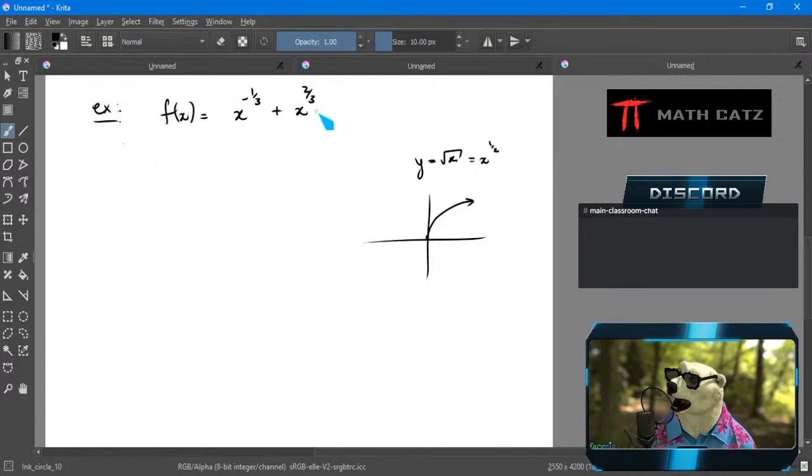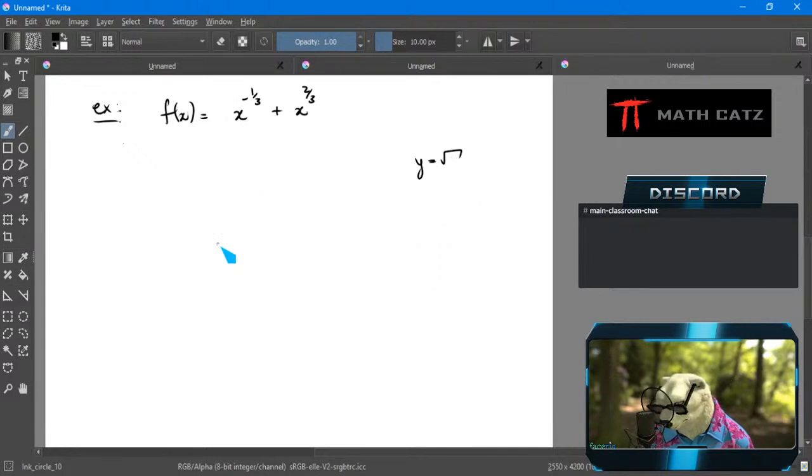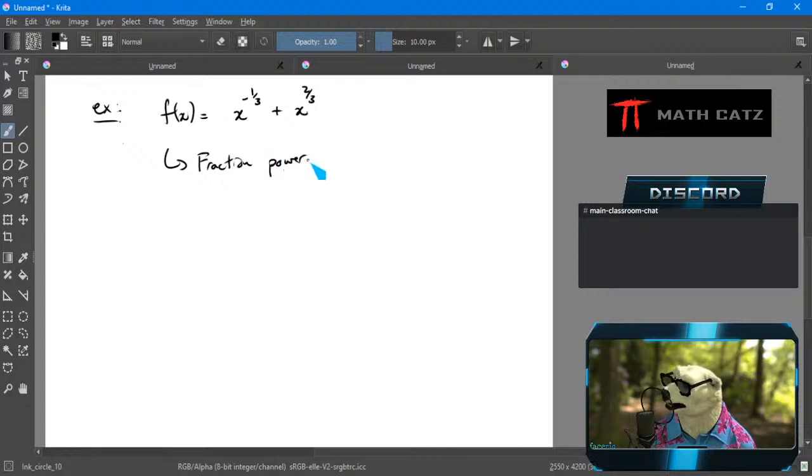But when I now make one negative and I then combine it with other powers, I don't know anymore. So it's certainly something that I'm going to have to build my experience to understand what do I expect here. Fraction powers. What do I expect is going to happen here?